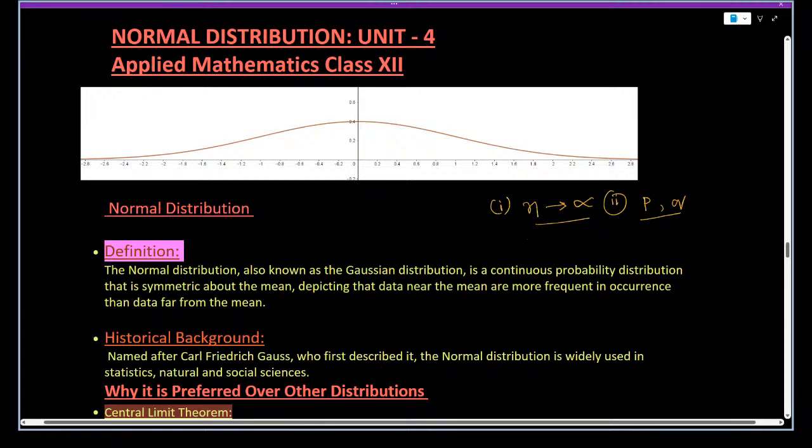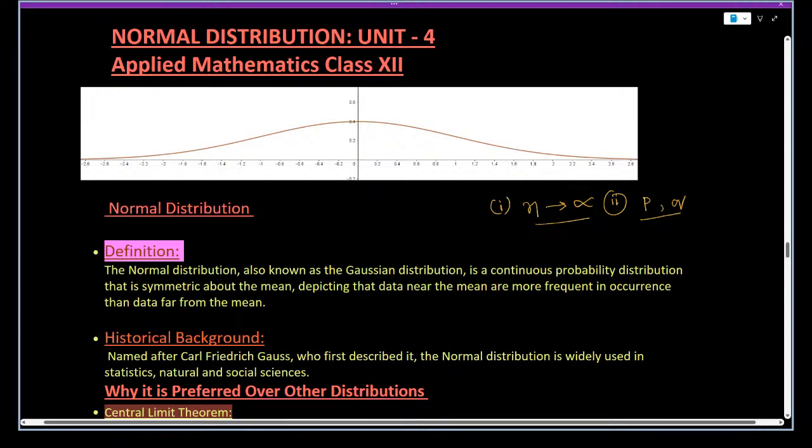For example, if in a locality 2 lakhs people are there, and people staying over there are, say, of age group 20 to 60, you need to keep a record of their heights or their weights.